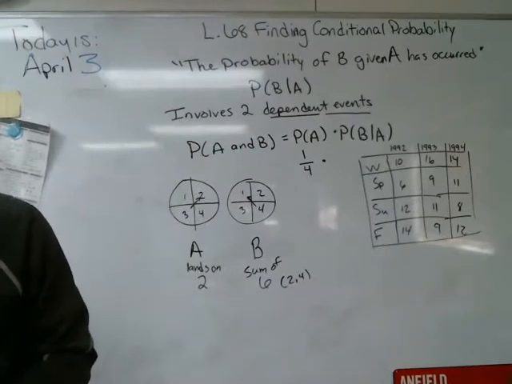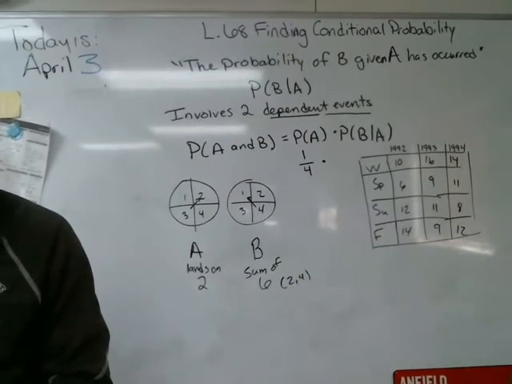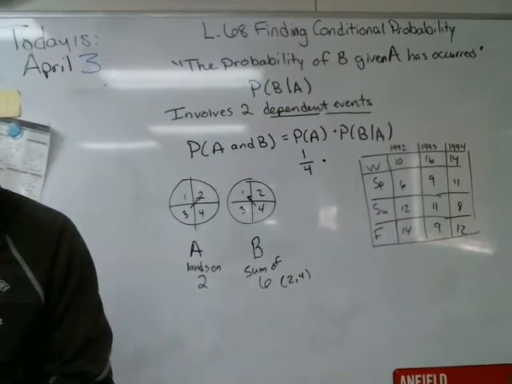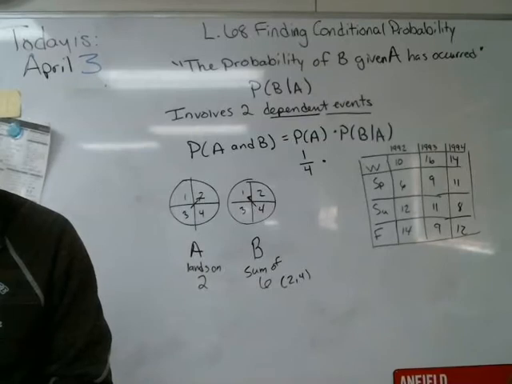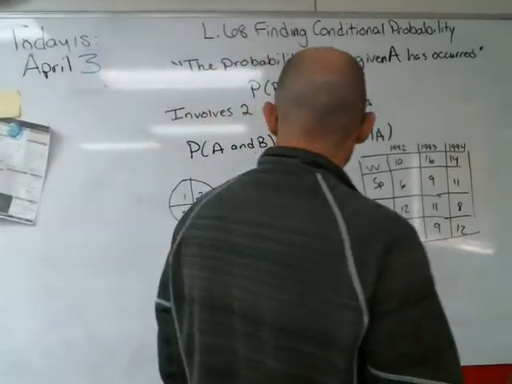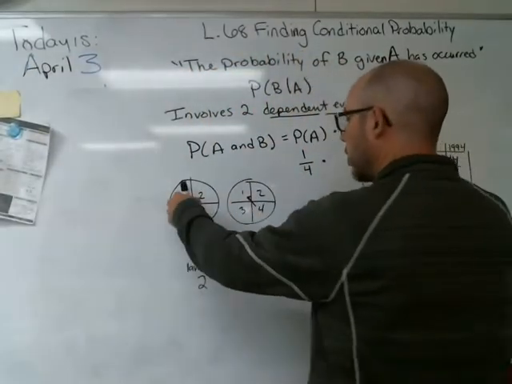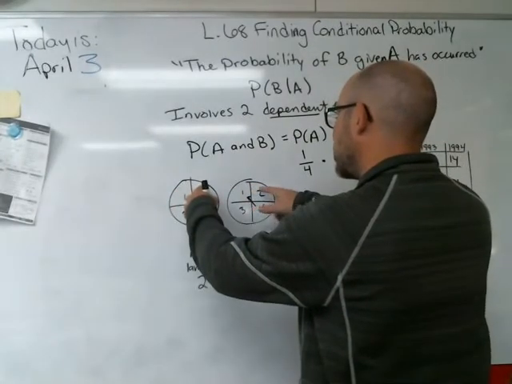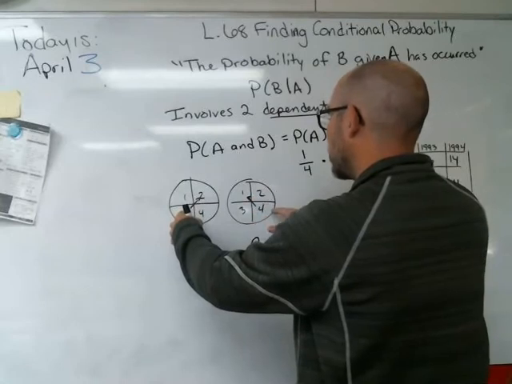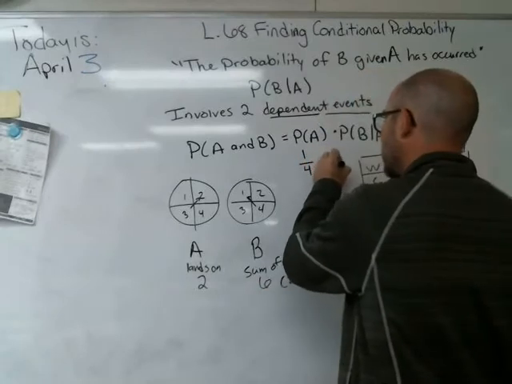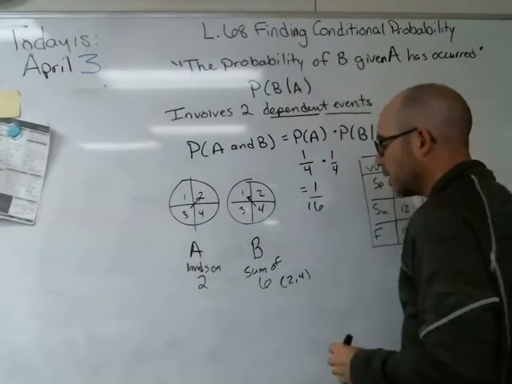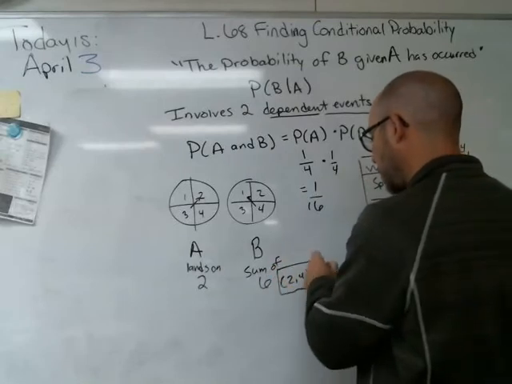Right? So if you're looking in the book, the very first example, out of the total ways of doing it, probability A and probability B. Of all the possible combos of 1, 1, 1, 2, 1, 3, 1, 4, 2, 1, 2, 2, 2, 3, 2, 4, 3, 1, 3, 2, 3, 3, 3, 4, 4, 1, 4, 2, 4, 3, 4, 4, we're going to get only one of the 16 that fits this.